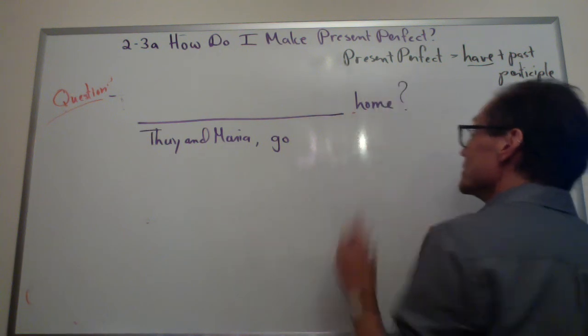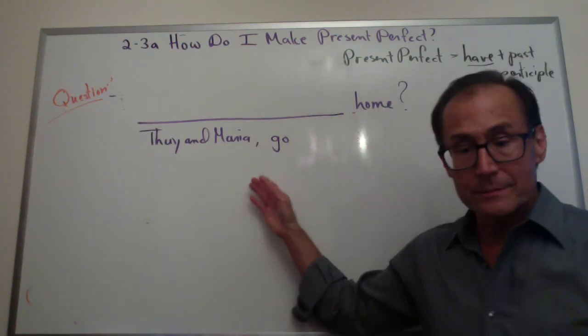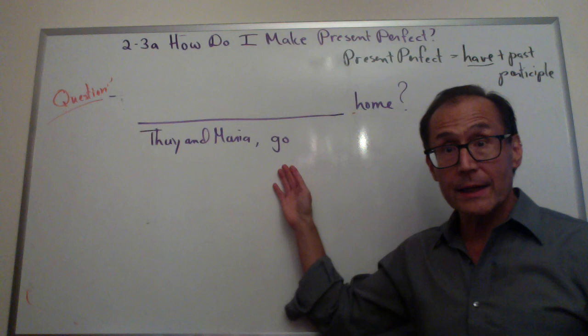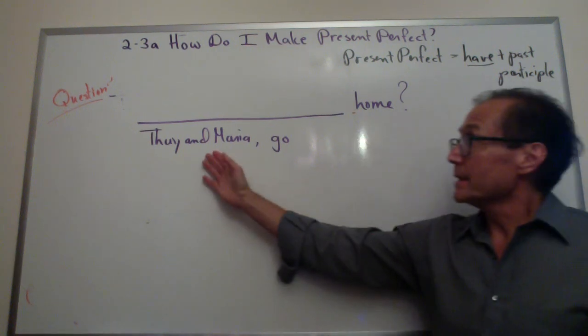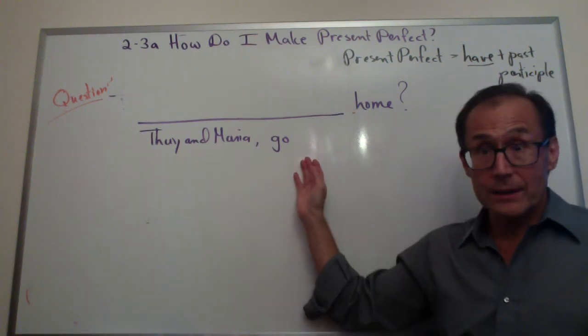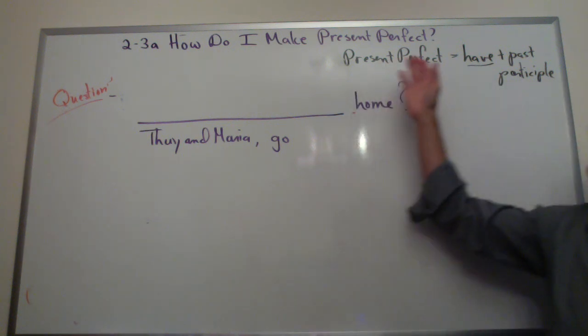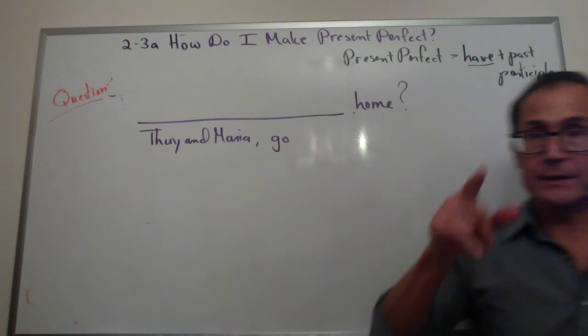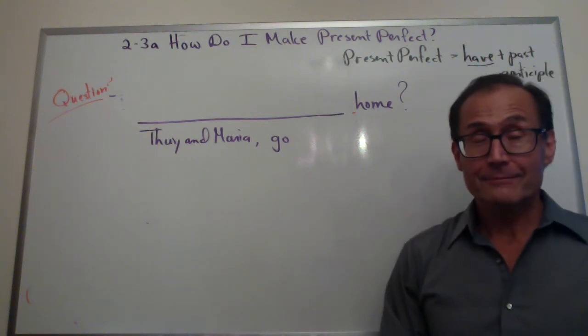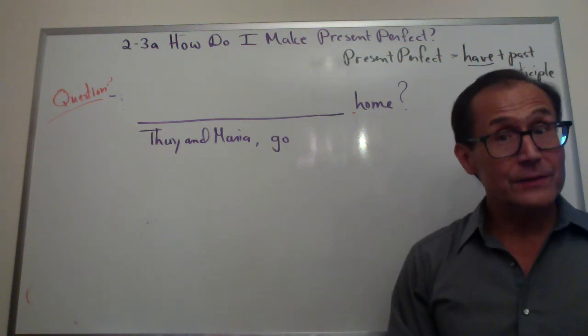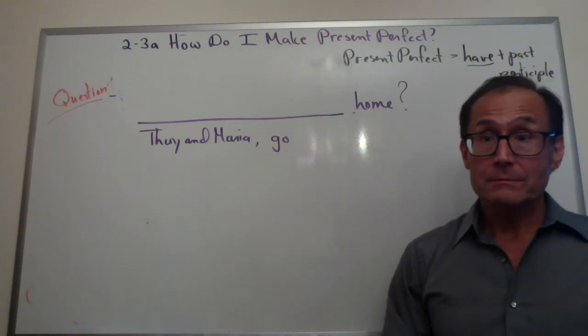And I'll put a question mark at the end. Now, what I'd like to ask you to do is take Twee and Maria and go and use those to make a question with present perfect. Take a moment and pause the video if you need to do that.